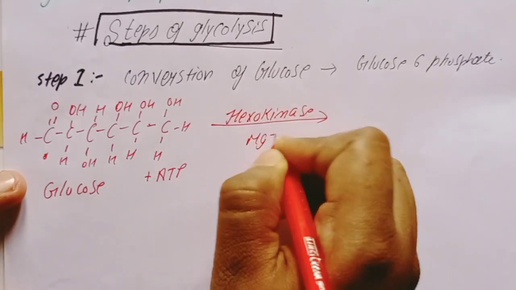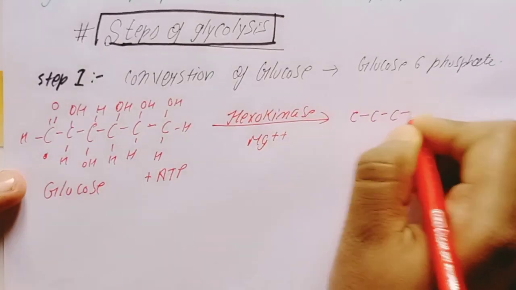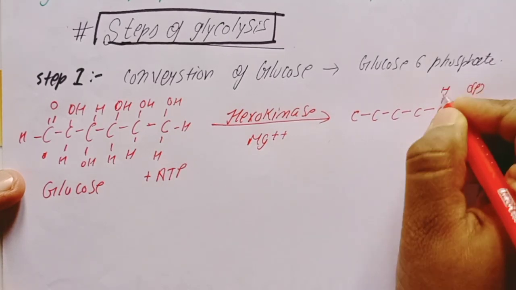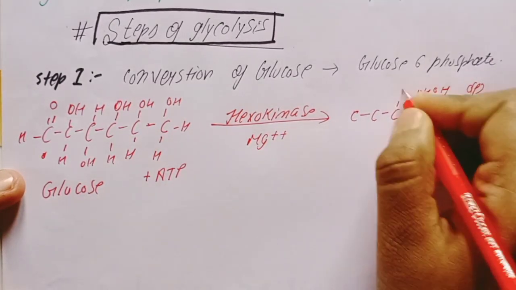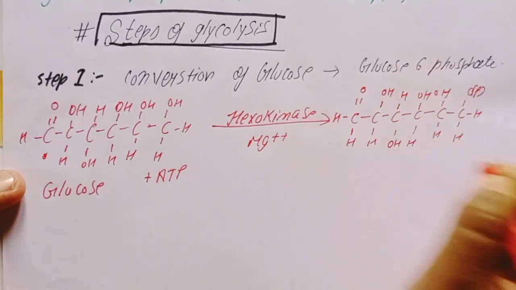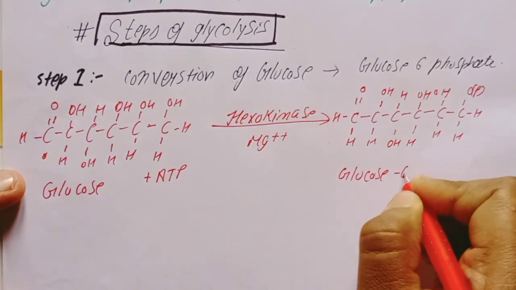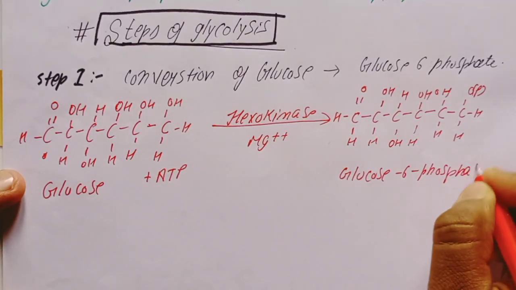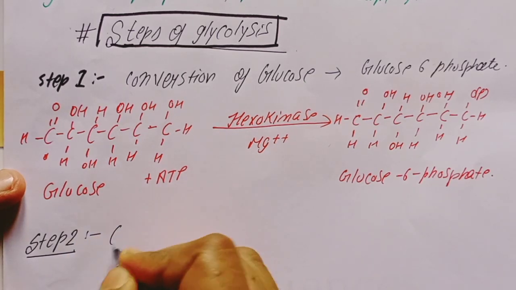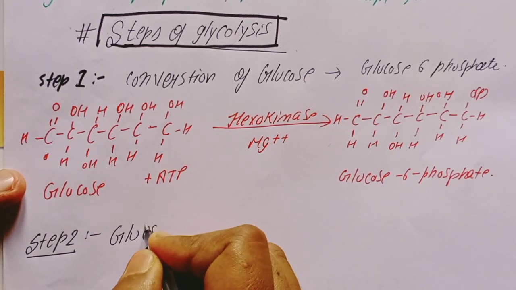Hexokinase is present in all the cells of all the organisms. Hexokinase requires divalent metal ions such as Mg2+ or Mn2+ for its activity. So here there is a utilization of ATP molecule.